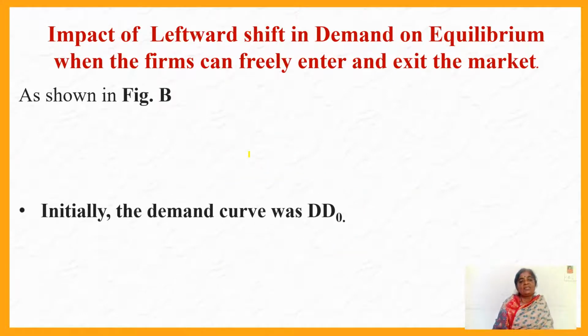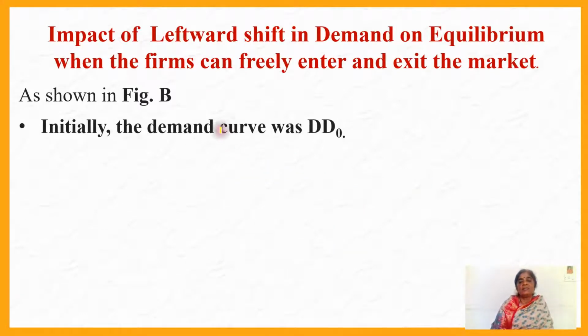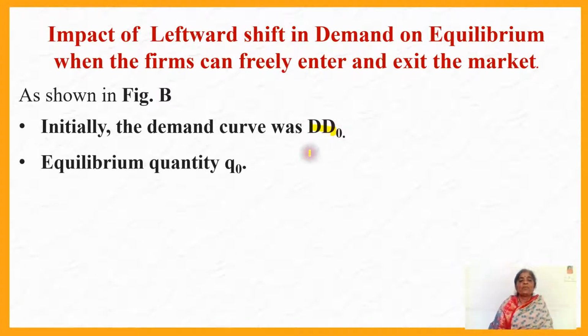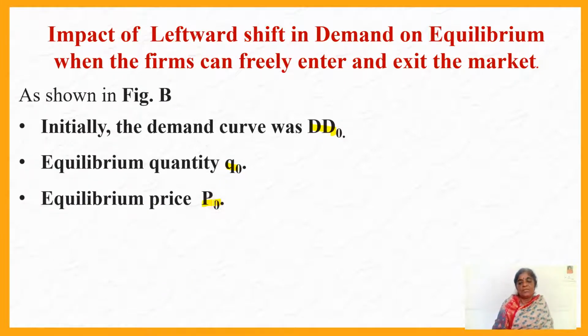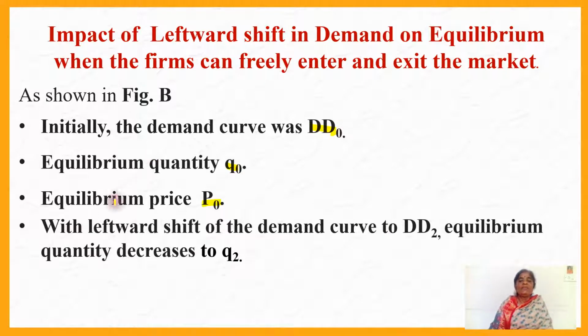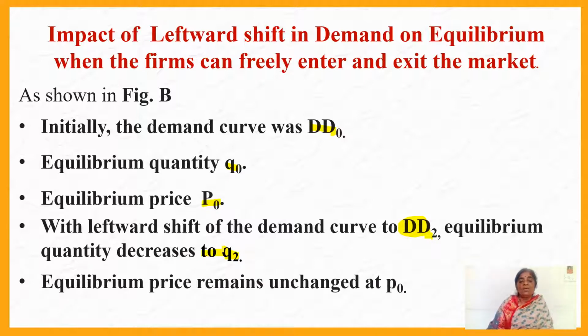We can discuss these things. Initially the demand curve was DD0, and the equilibrium quantity was Q0 and the equilibrium price was P0. Due to the leftward shift, the demand curve moved to DD2 and the equilibrium quantity decreases to Q2. That also is explained in the diagram. But you can notice the equilibrium price didn't change.